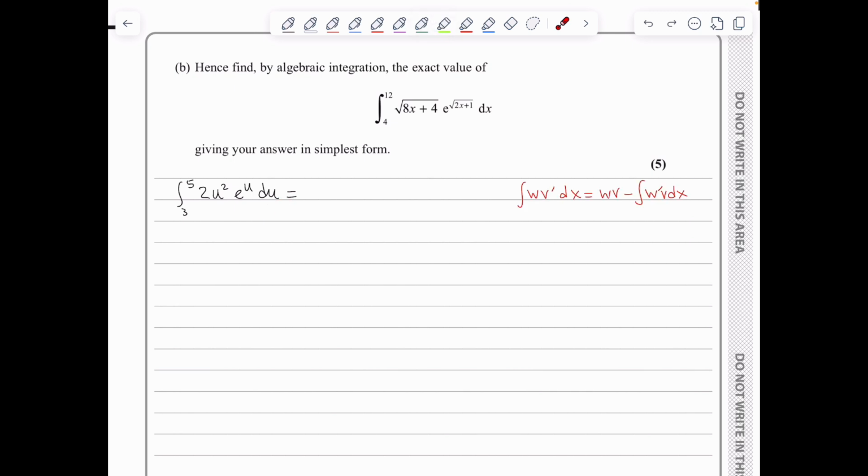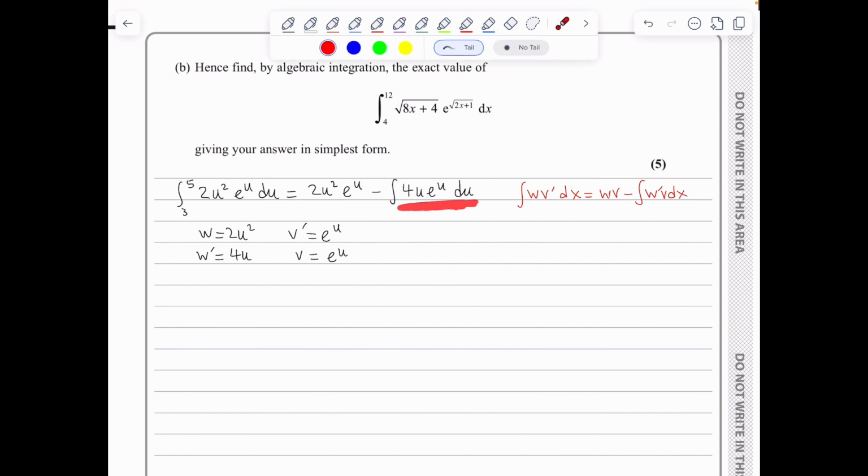So the integral of w v dash is given by w v minus the integral of w dash v. So we're looking at setting w to be 2u squared and v dash to be e to the u. So we have w dash being 4u and v being the integral of e to the u, which is e to the u. So wv will be 2u squared e to the u minus the integral of 4u e to the u du.